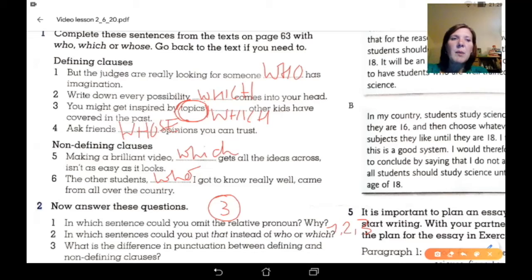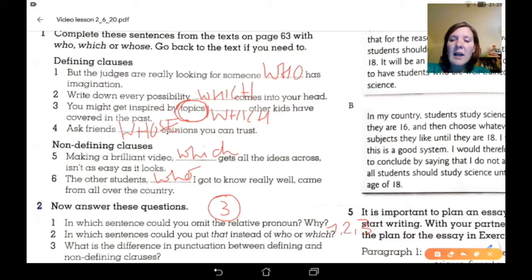But here it would be possible to say the judges are looking for someone that has imagination. Write down every possibility that comes into your head. And you might get inspired by topics that other kids have covered. Obviously, number 4, you wouldn't say ask friends that opinions you can trust. It just doesn't make sense.